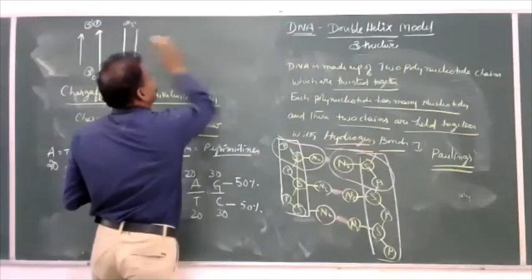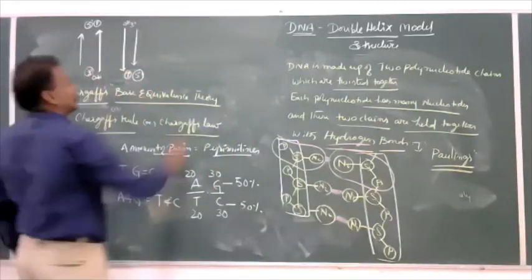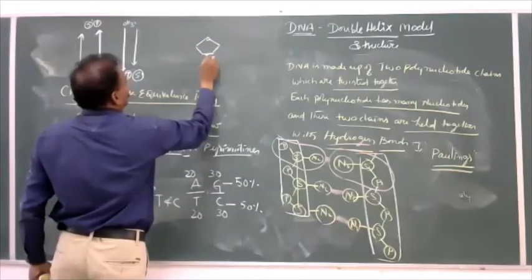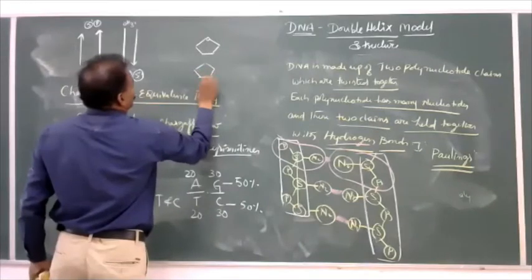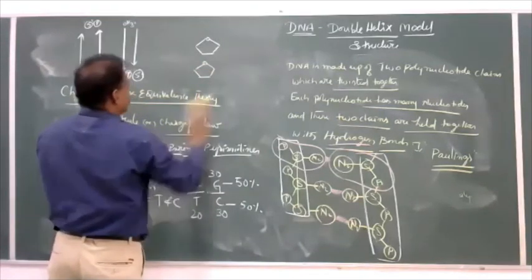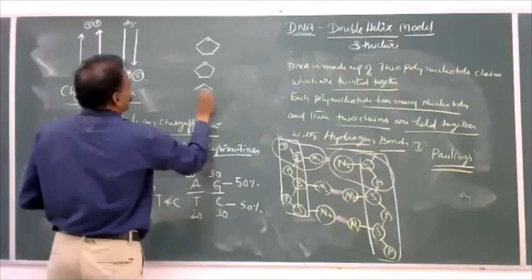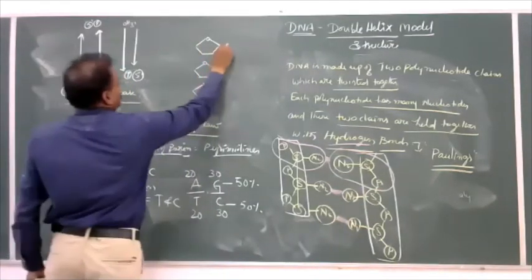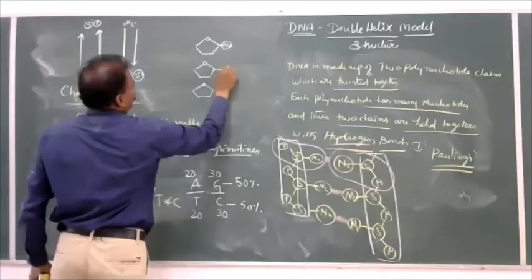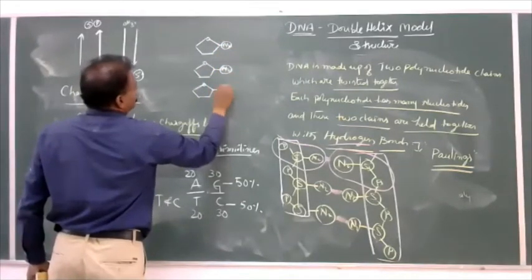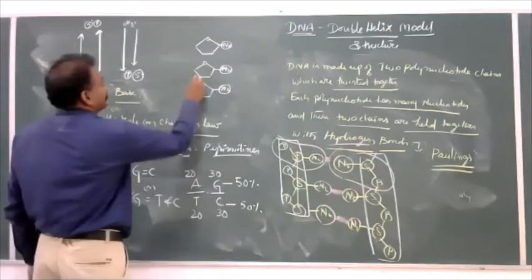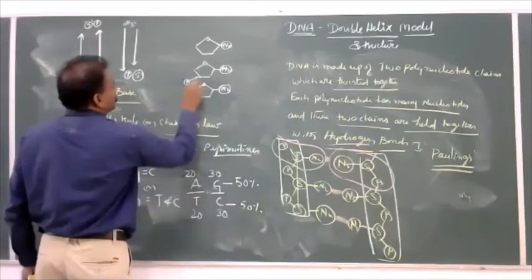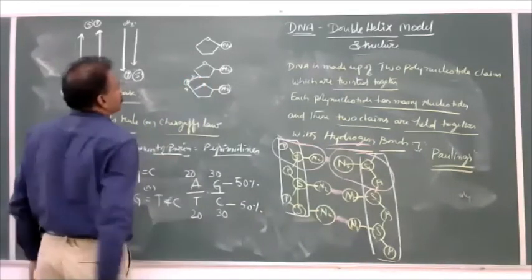the nucleic acid, the direction of the polynucleotide chain depends upon the position of the oxygen atom. These are always polynucleotides, which have many nucleotides, N2 base, N2 base, N2 base, and between two nucleotides there is a phosphodiester bond between 3 prime and 5 prime.